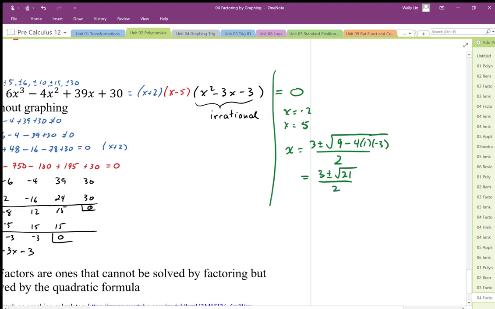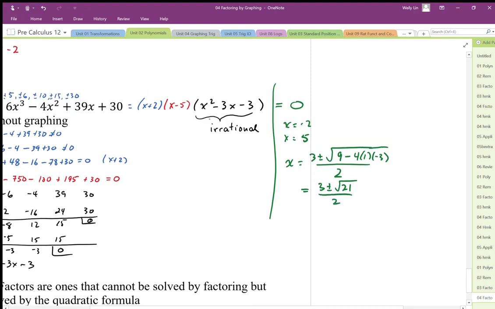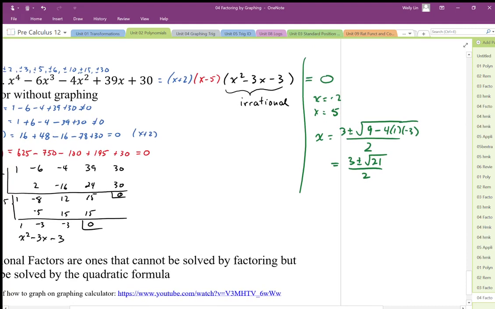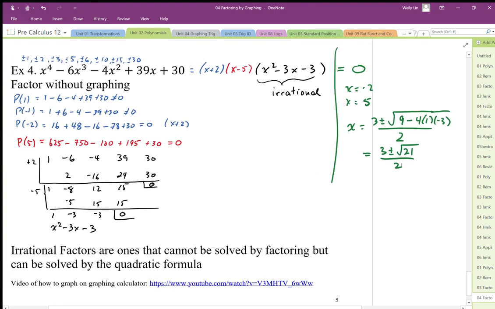So if this was an equation equal to 0, although it's not factorable, it is irrational, so we do have solutions for it. If this was non-real, then we couldn't actually solve this part. But being irrational, we can actually solve this using the quadratic formula. So be mindful of that if you're being asked to solve versus factor.